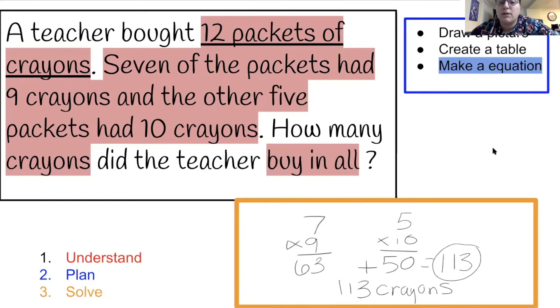So if we move back into the equation we solved yesterday with the crayons. So 12 packets of crayons, 7 of the packets had 9 crayons, and the other 5 had 10. So we had 7 times 9 equals 63, and 5 times 10 equals 50, and then we added them together to get 113.